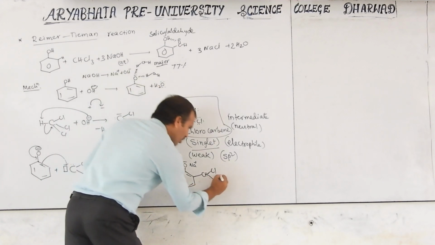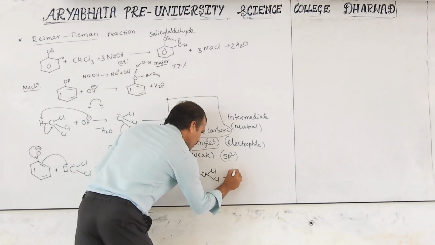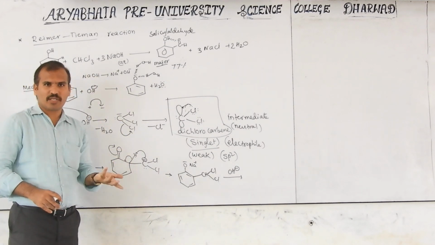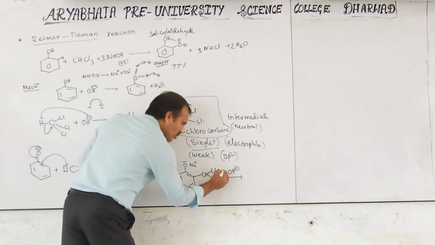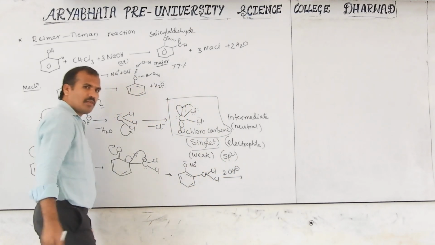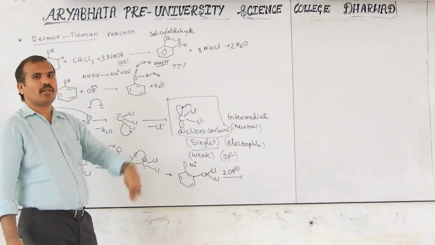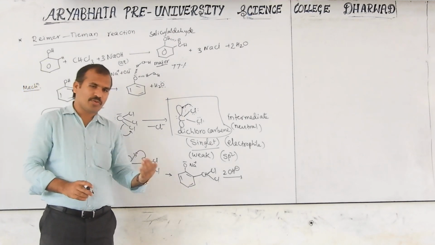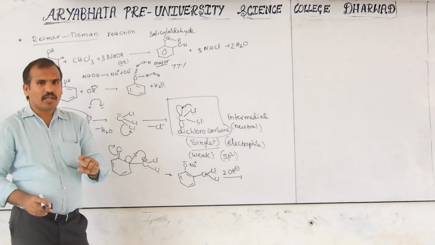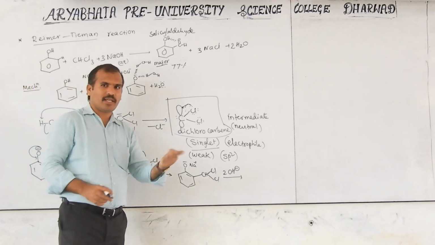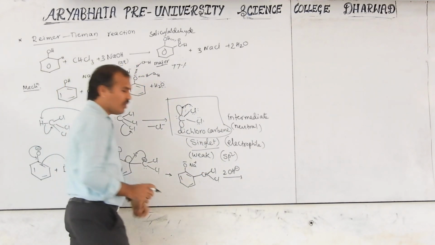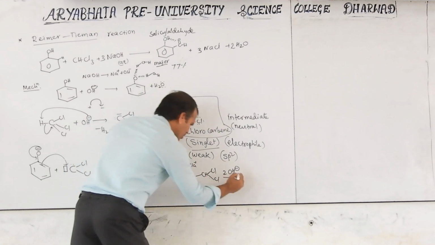Now OH minus, because we have taken NaOH, so many moles are there. Then 2 moles of NaOH, 2 chlorines substitute. Already we studied in haloalkanes, aqueous NaOH usually means you will get the alcohol. If you use alcoholic NaOH, you will get the alkene. That's why use the word aqueous carefully. Then these two are substituted.